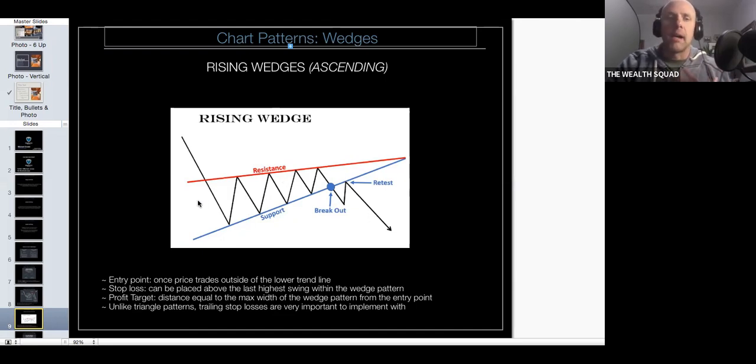So your entry point is where it trades to the outside of that lower trend line, and you can guesstimate that cushion based on some of the things we've talked about in the past, like the average true range and the daily price range, in terms of price action movement. You can guesstimate what those levels of support and resistance are, where you can map out your targets.